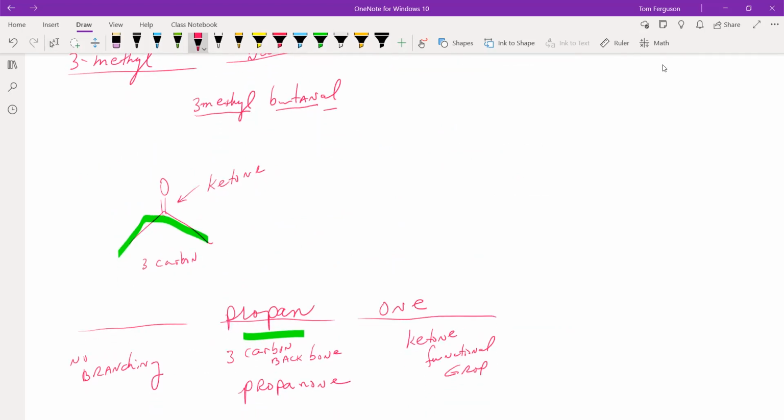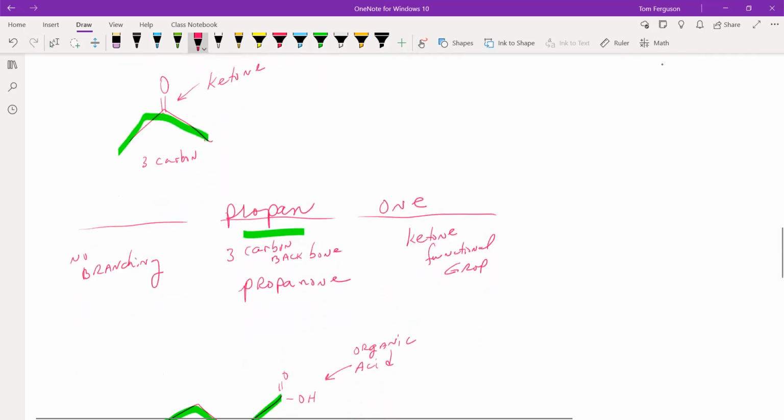It's a 3-carbon backbone. And we have no branches. So it's just going to be propanone. Propan, because it's a 3-carbon backbone. One, because it's a ketone. No branching, so it's going to be propanone.